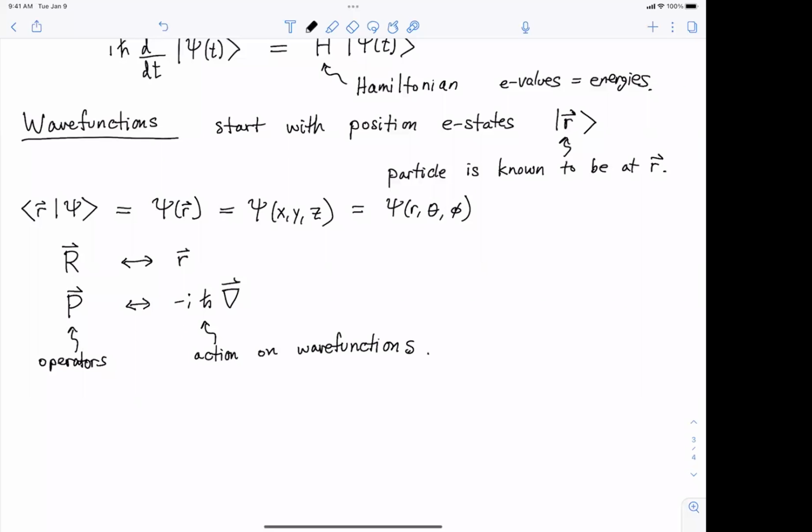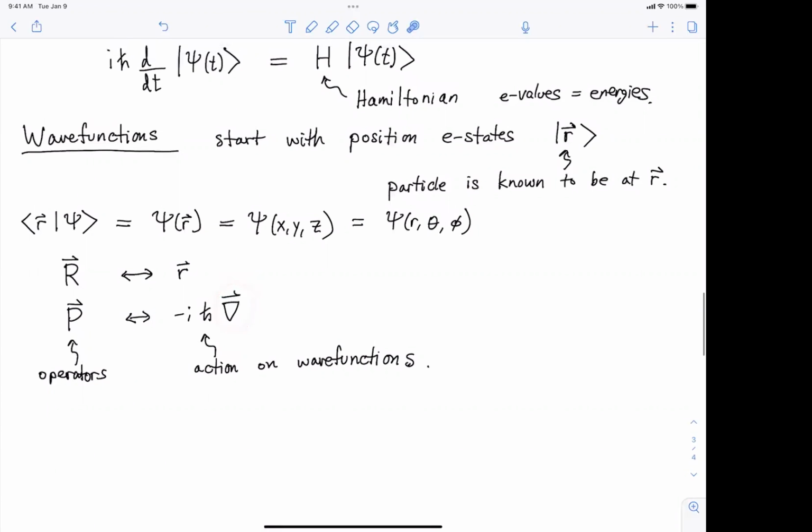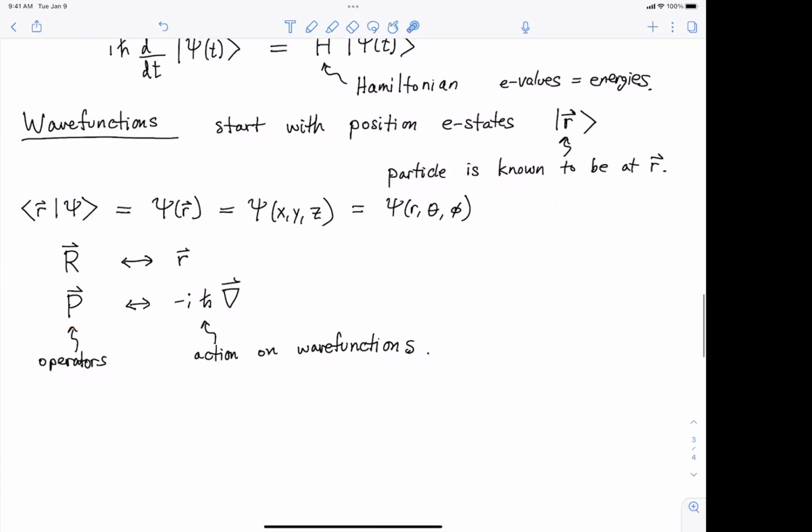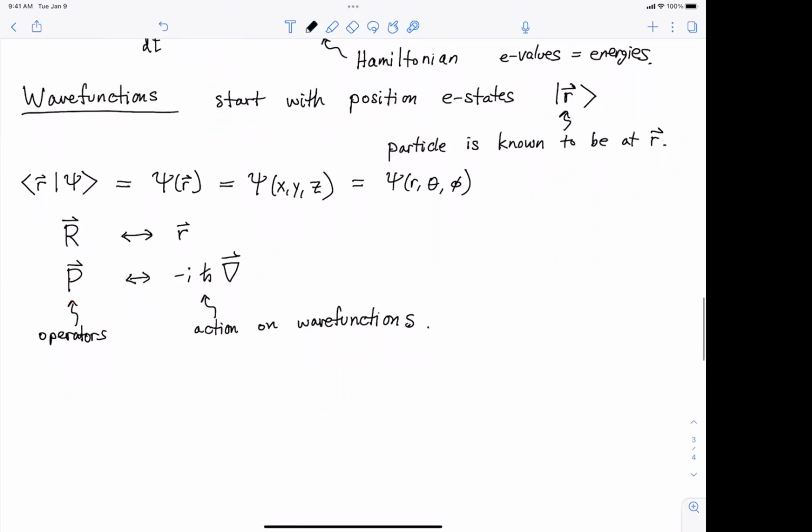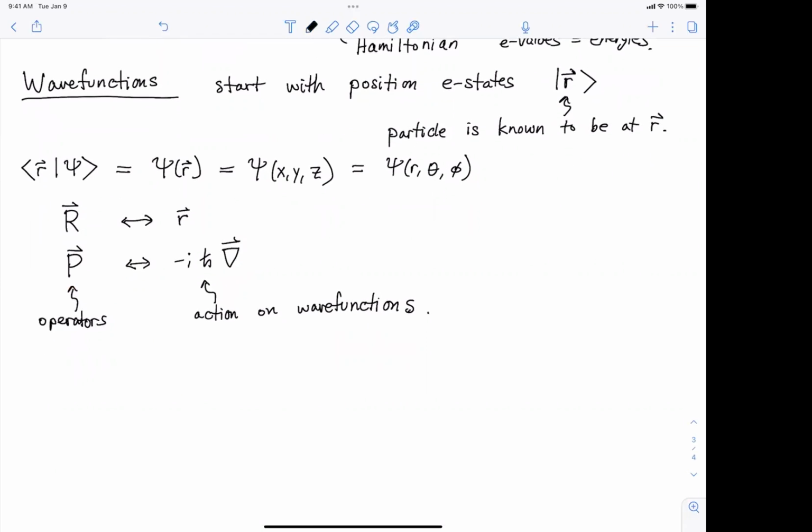Okay, so this means I just take the gradient of my wave function. As an operator, it's more of an abstract thing. This is acting on kets. So for example, one thing we can do is suppose we integrate over all possible position vectors the complex square of the wave function squared.